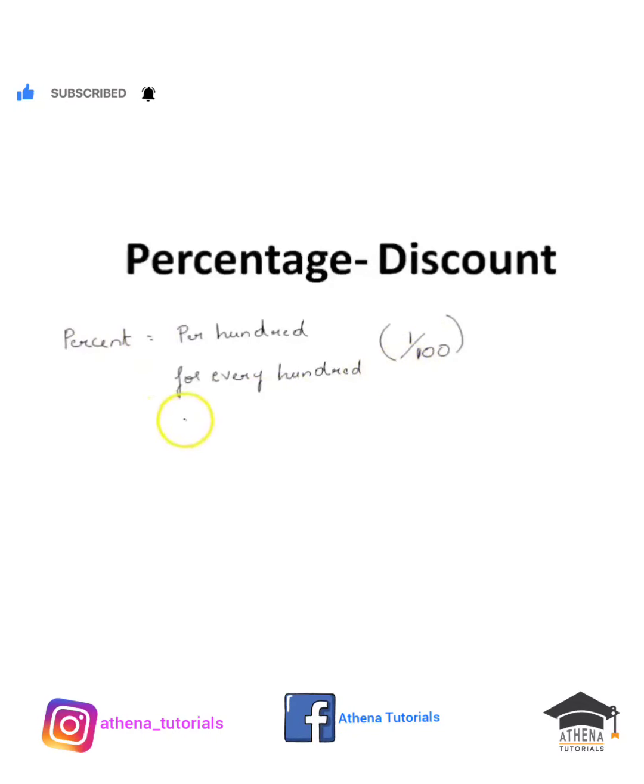They have split the word percent into two parts, that is per and cent. Cent is nothing but 100. Percentage is denoted by this symbol. I will take one simple example.